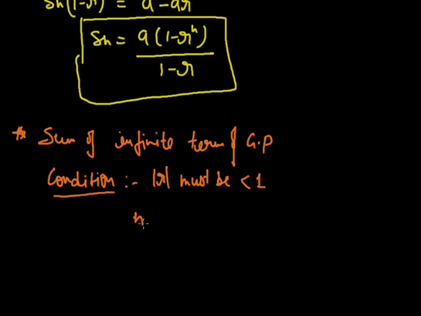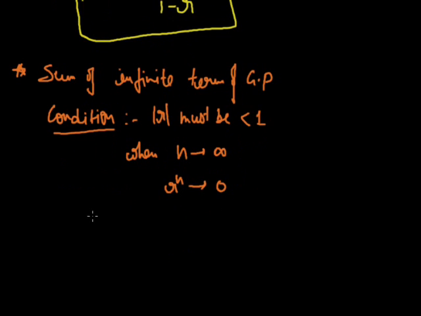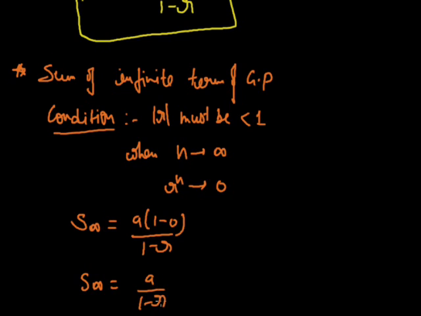Then when n tends to infinity, r to the power n tends to 0. So S infinite equals a into 1 minus 0 upon 1 minus r, then S infinite equals a upon 1 minus r.